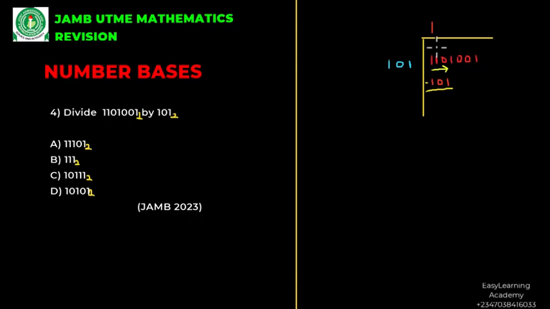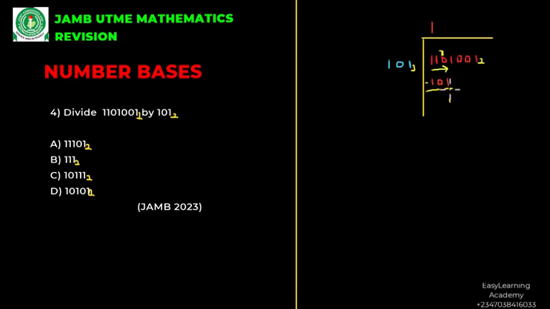Let's not forget they are in base 2. When we borrow 1 from this other one here, that one will be 2, so this place will become 2. We don't need to write it. Now it will be 2 minus 1, and that will be 1, right? Here is now 0. 0 minus 0 is 0. No need to write it down. 1 minus 1 is 0. No need to write it down.